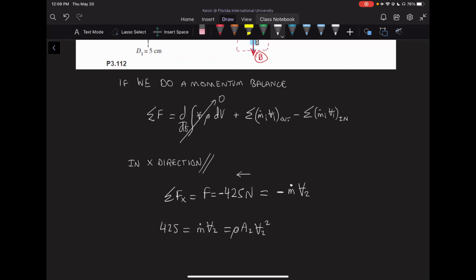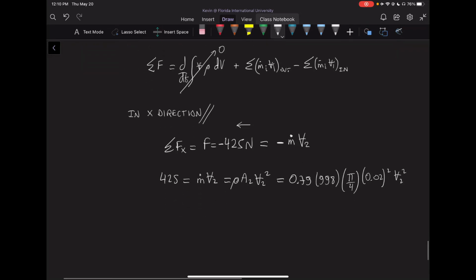V2 squared. And so now we can solve this problem by using the specific gravity of our fluid, which is 0.79, multiplied by 998, multiplied by the area, which is pi over 4 times 0.02 squared, times velocity 2 squared.